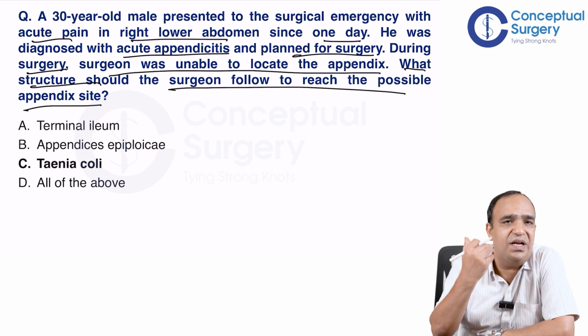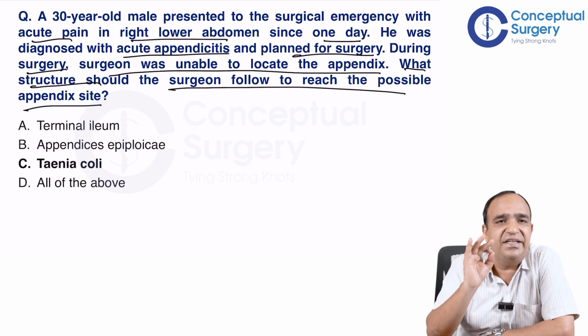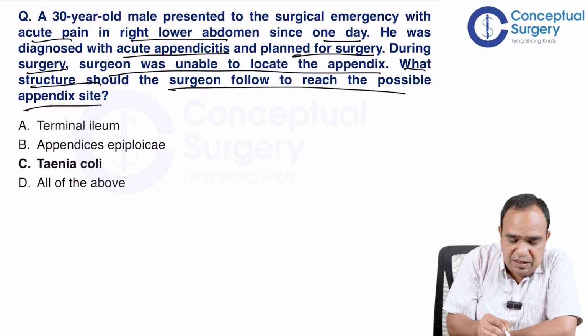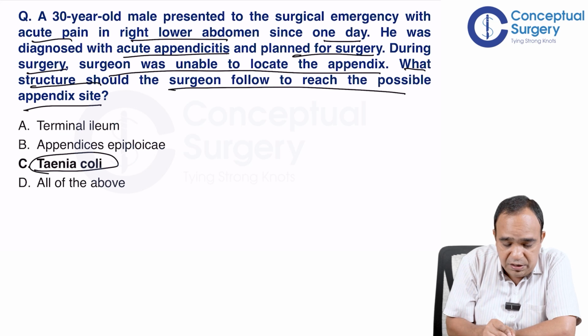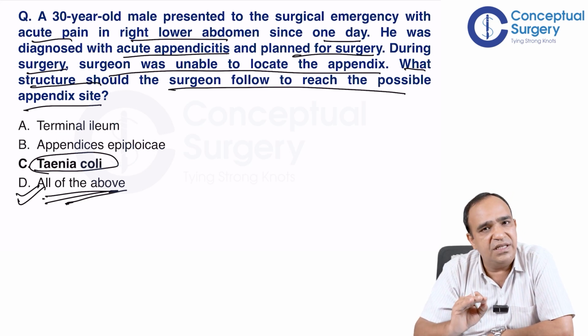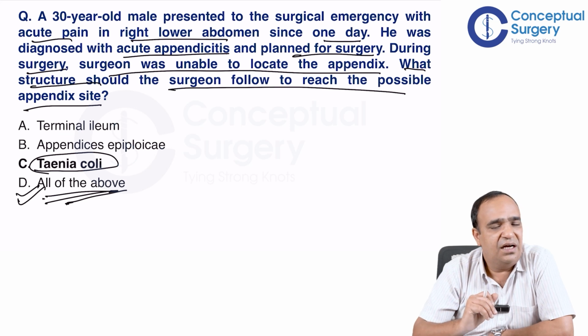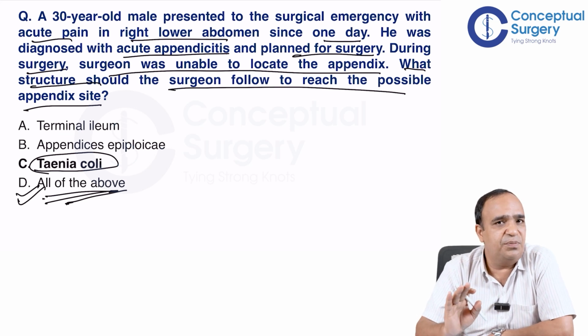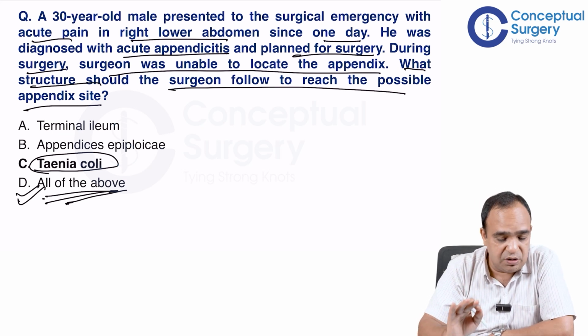First is you mobilize cecum and then identify tinea coli, the single most important. So don't get trapped with the option of all of the above. Whenever we get a question with a choice all of the above, 90% students tend to tick that all of the above should be the answer, but it's not the case all the time.